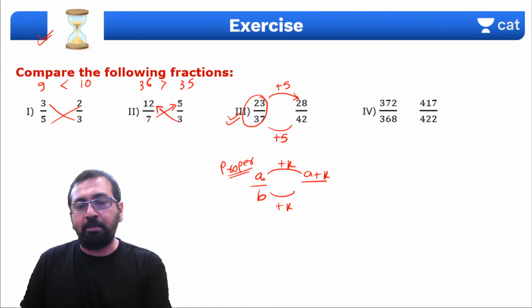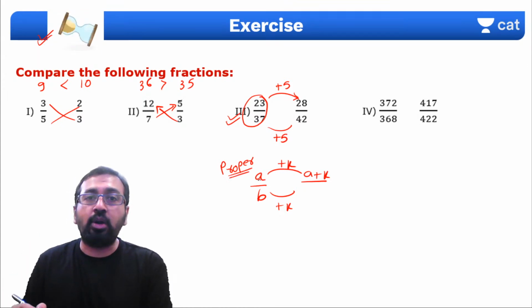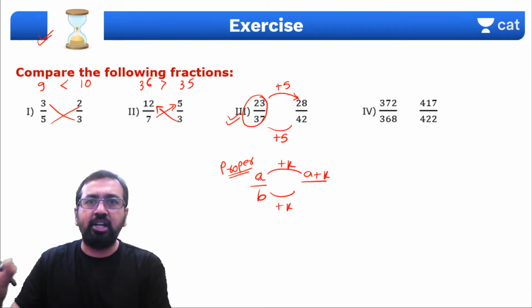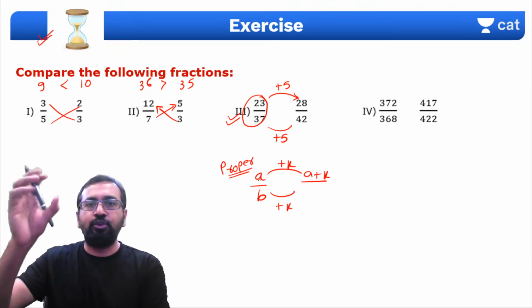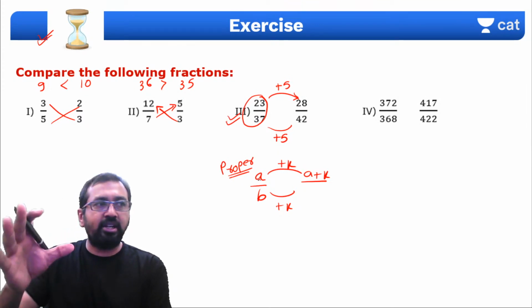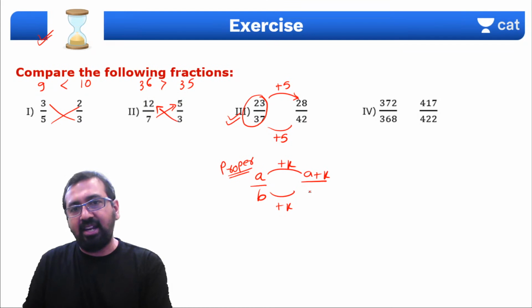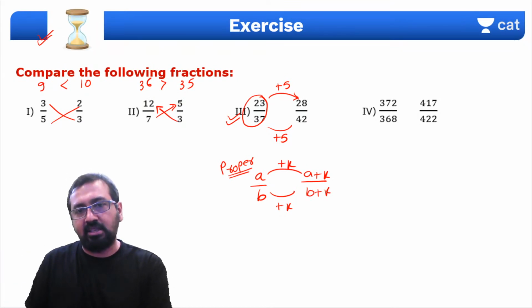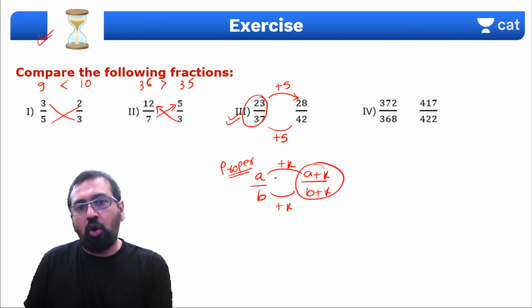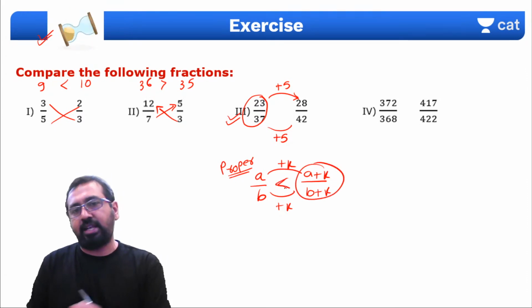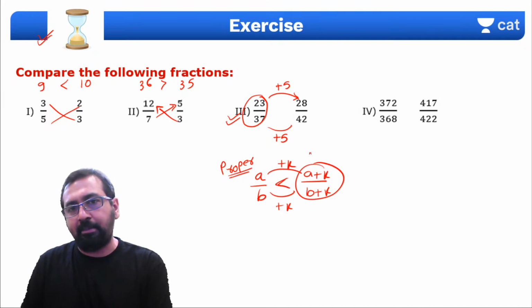If you have a proper fraction a by b, and you add a constant positive quantity, say k, to both numerator and denominator, my new fraction will be a plus k by b plus k. This fraction will always be greater than the previous fraction. This is the rule that you need to remember.